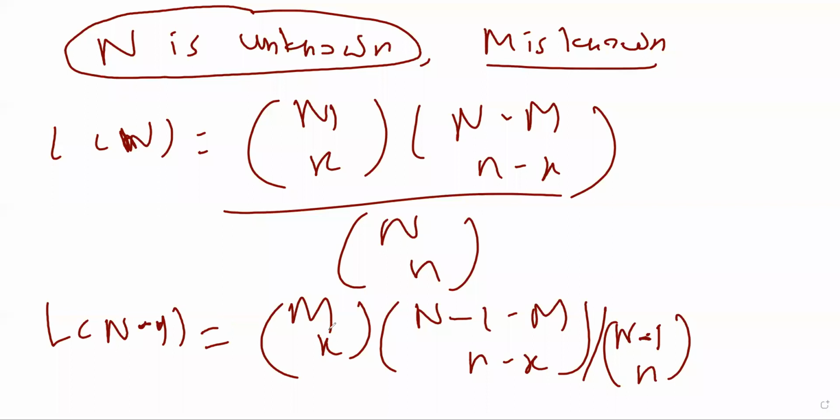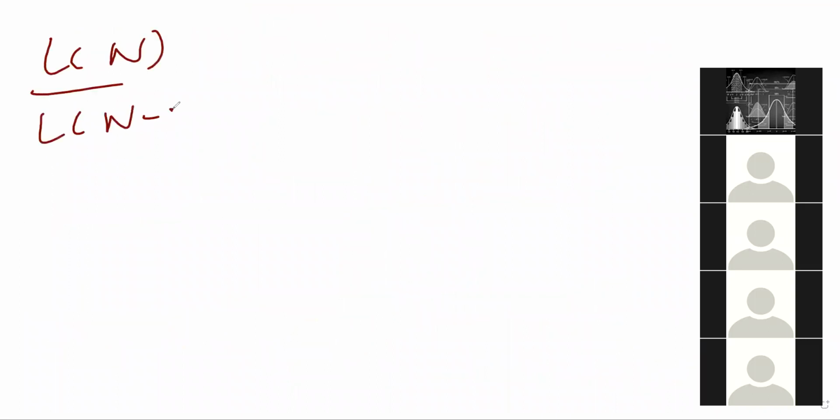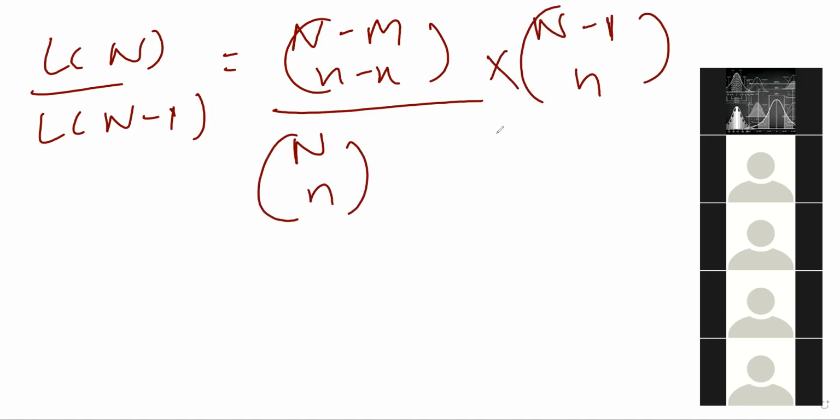Okay. So now take the ratio. After taking the ratio, this divided by this, so this will get cancelled. Is it okay? Yes, sir. Okay. So now what we are going to get is L(n) upon L(n-1) will be equal to (n-m)C(n-x) upon nCn, into (n-1)Cn upon (n-m-1)C(n-x).